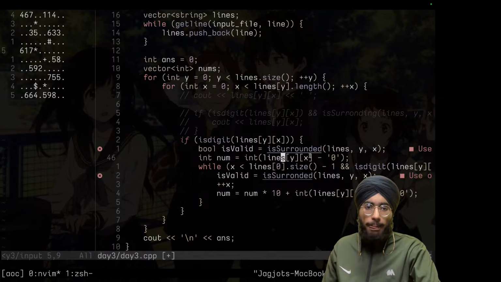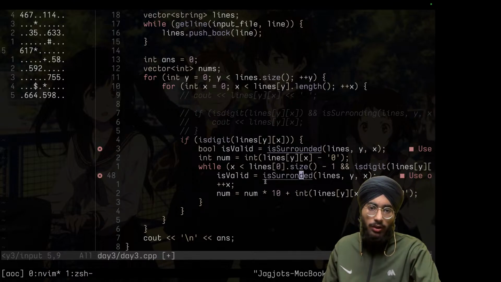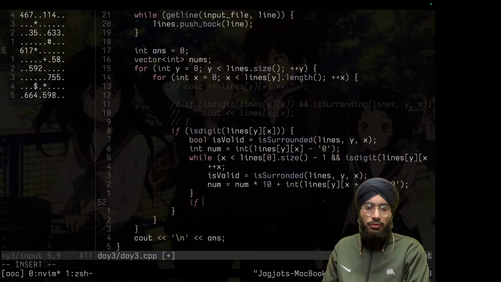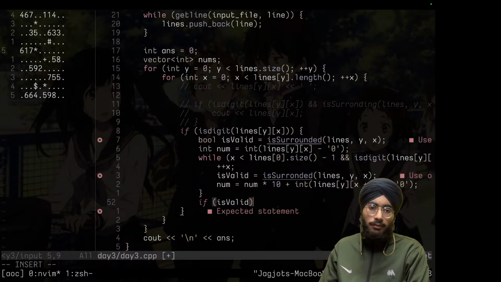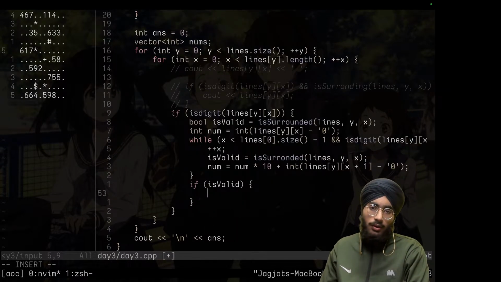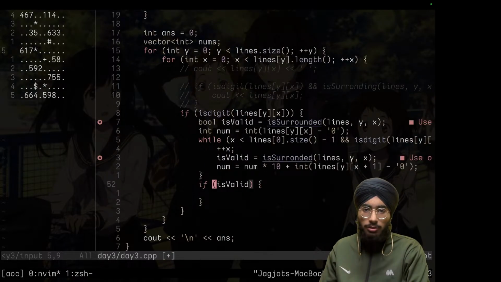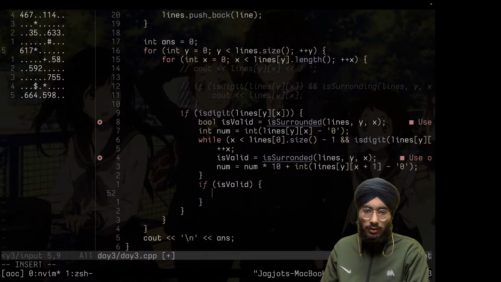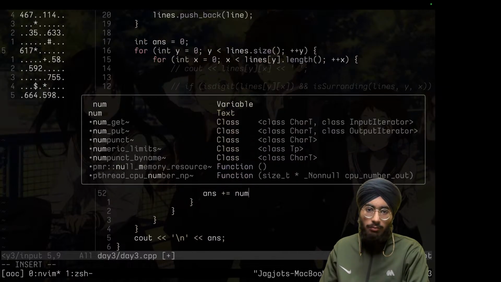So yeah, we need to make a function is surrounded. Okay, x plus 1, x plus plus, and see if it is surrounded. Okay, and update nums. If is valid, then instead of nums dot push_back, we're gonna do answer plus equals num.